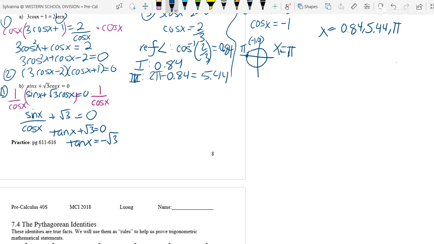Now the next thing I want to do is figure out what my reference angle would be. And this is actually coming from our exact value triangles. So I'm going to draw out my exact value triangle with pi over 3 and pi over 6.